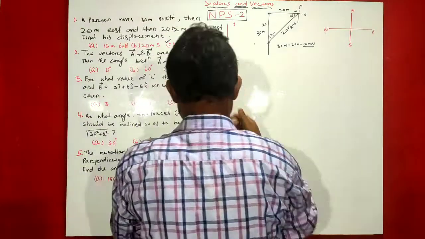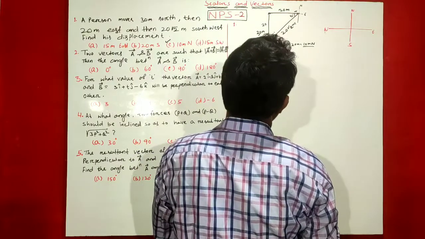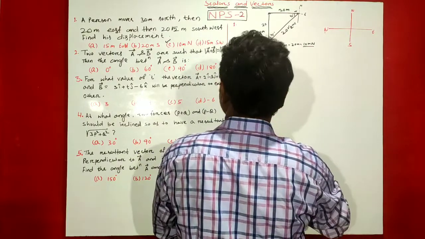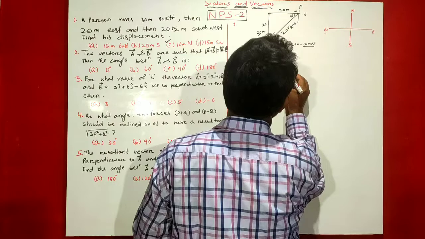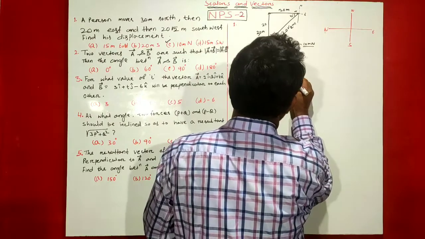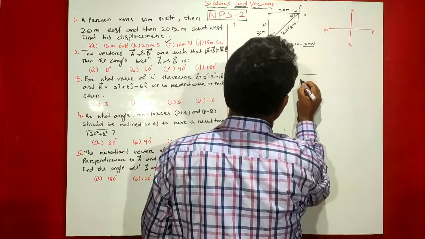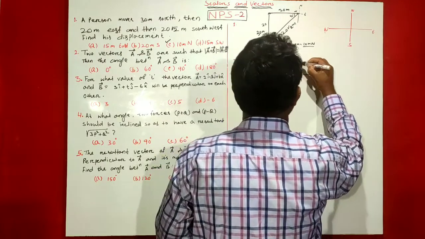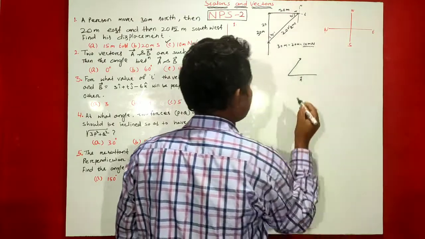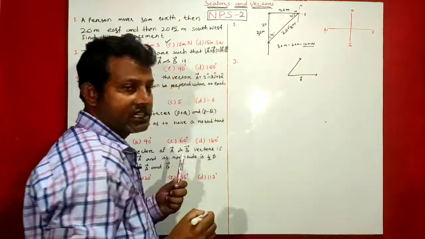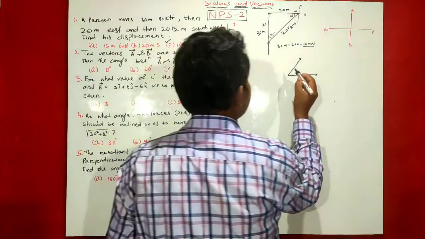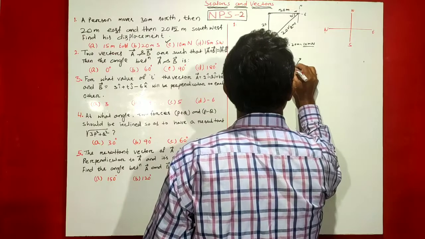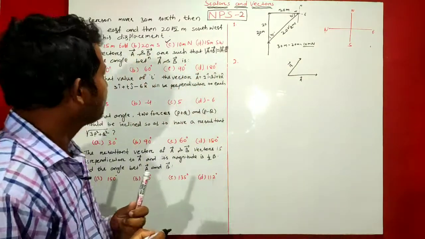Let these two vectors, this is vector A, and this is vector B. We can represent these two vectors by the two adjacent sides of the parallelogram.